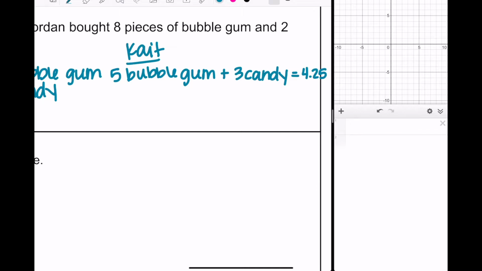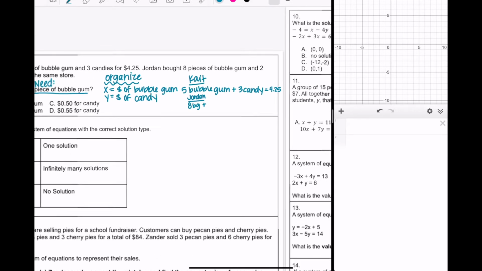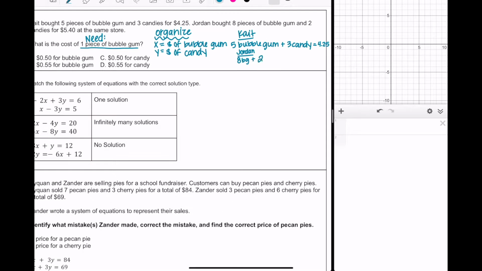Okay, and then we know that Jordan bought 8 pieces of bubble gum. I'm going to abbreviate BG for bubble gum, plus 2 candies, for a total of $5.40. Okay. Now we need to write our 2 equations.